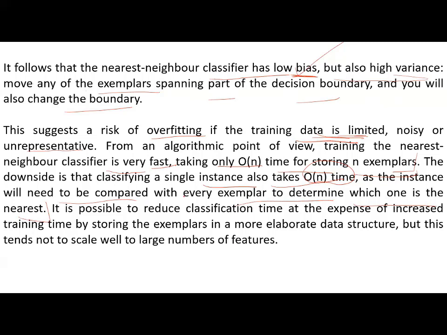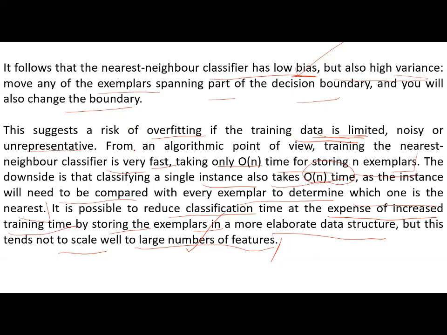It is possible to reduce classification time at the expense of increased training time by storing the exemplars in a more elaborate data structure, but this does not tend to scale well to a large number of features. When there are a large number of features, it again goes back.